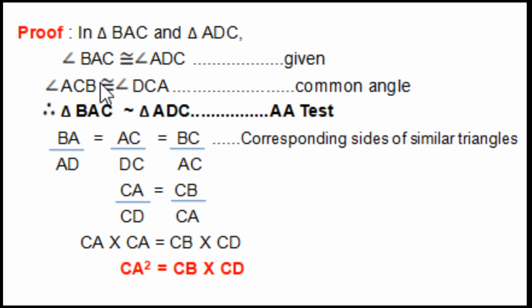Therefore these two triangles BAC and ADC are similar by AA test. Then take the ratio of corresponding sides. BA upon AD is equal to AC upon DC is equal to BC upon AC. Then AC is written as CA, DC is written as CD, BC is written as CB, and AC is written as CA. Cross multiply, CA into CA is equal to CD into CB. So we get CA square is equal to CB into CD.